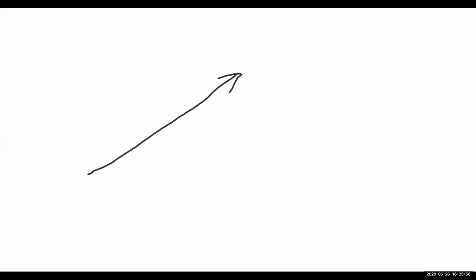How many rectangles can we draw for which this vector will be a diagonal?